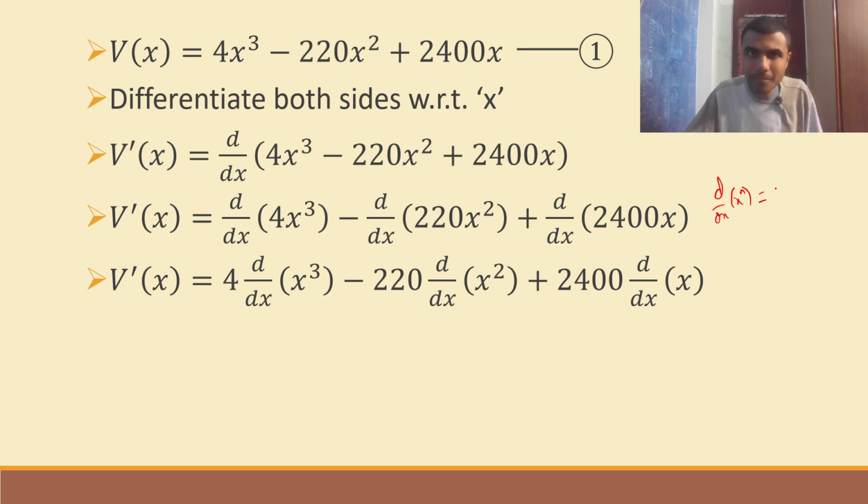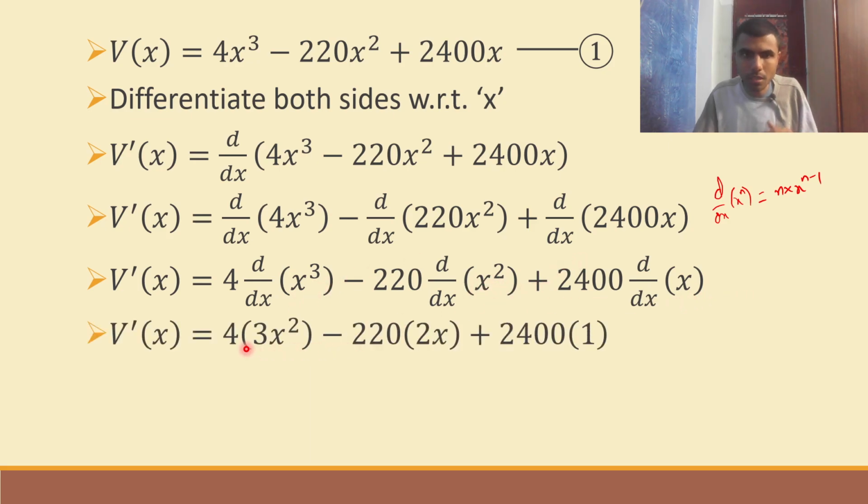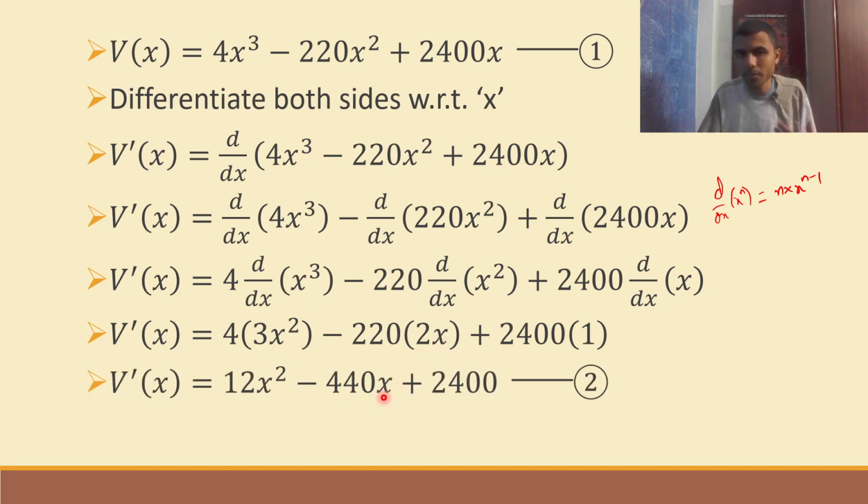What is the derivative of x power n? It is n into x power n minus 1. So derivative of x cube is 3x square, of x square is 2x, and of x is 1. So 4 into 3x square minus 220 into 2x plus 2400. 4 threes are 12, and 220 into 2 is 440. So 12x square minus 440x plus 2400. Mark it as equation 2.